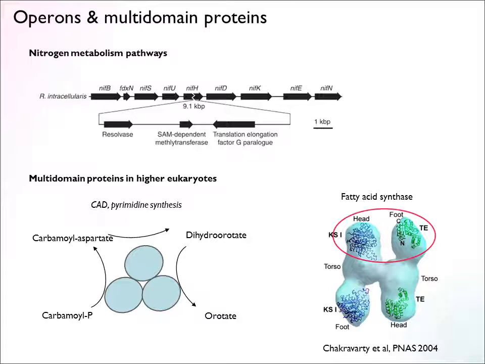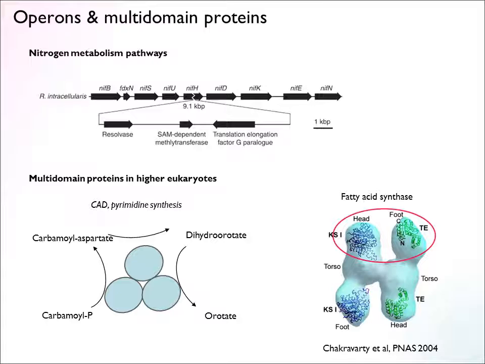One example shown here on the bottom left is the multifunctional enzyme in pyrimidine synthesis. So this is carbamyl phosphate synthase, and there's an aspartate metabolizing enzyme that adds aspartate to the pyrimidine ring, and then there is dihydroorotate that finalizes this pyrimidine ring and makes orotate.